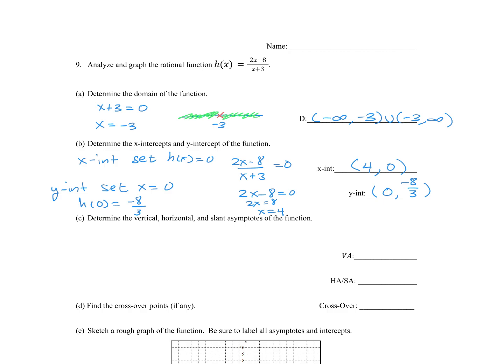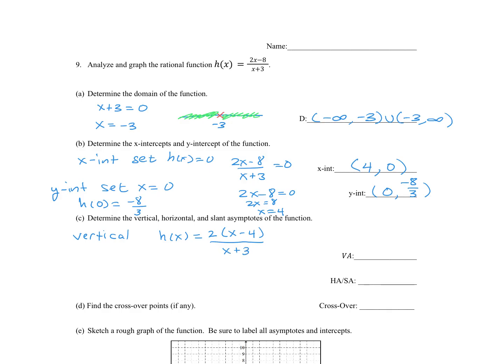For the asymptotes, we're going to first look at vertical. For vertical, remember we write it in a factored form. So that's h of x, and if I factor the top, I can take out a 2, and I'm left with x minus 4. Down below, I've got x plus 3.